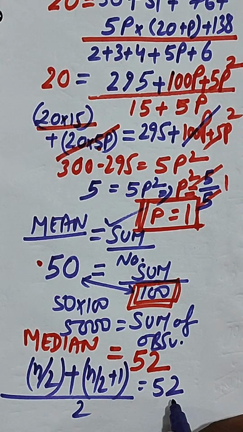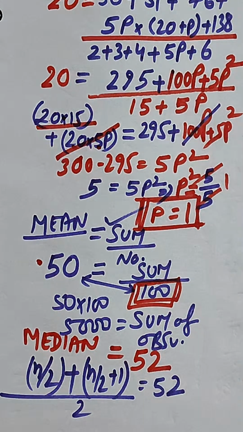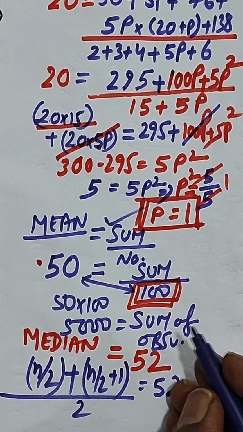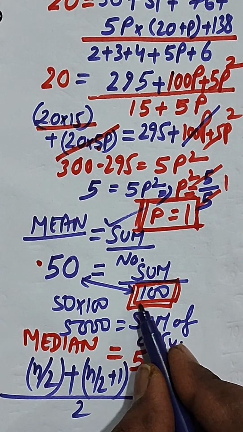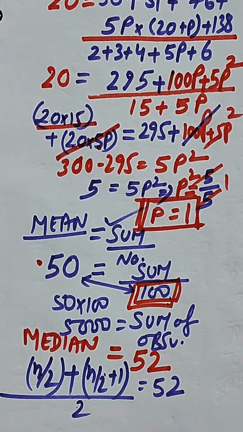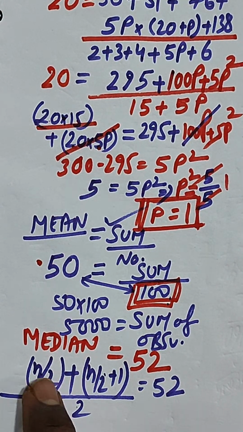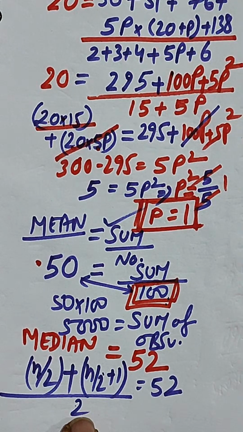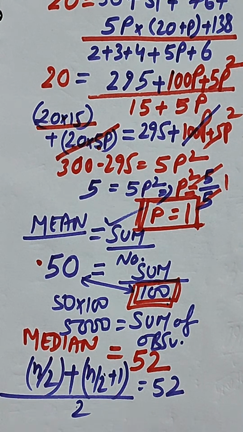So for this value, what we will do? Tell me, just think on it. How to bring the right data? For the median, when the number of observations is even, 100 is the even number of observations. For even observations, these are the two median values, and the median is the average of those two numbers, n by 2 and n by 2 plus 1th observations, right?